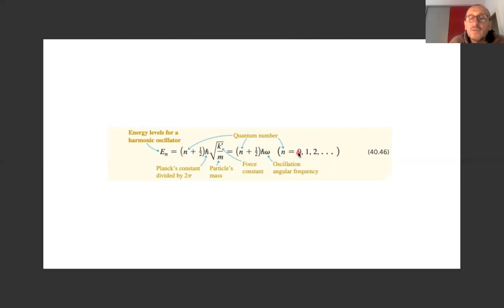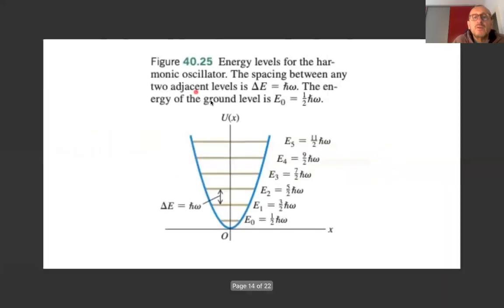When n is equal to 0, there is an energy E0, which makes sense also because we cannot freeze everything. The system has to be oscillating at the smallest level that it can, in order to fulfill the uncertainty principle. So this is sort of the nice diagram.